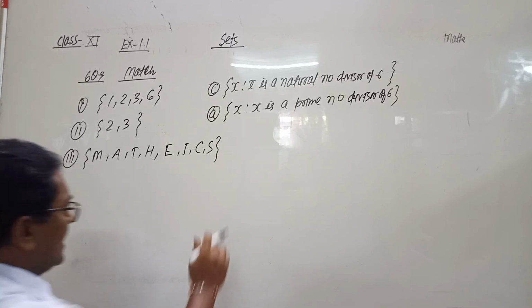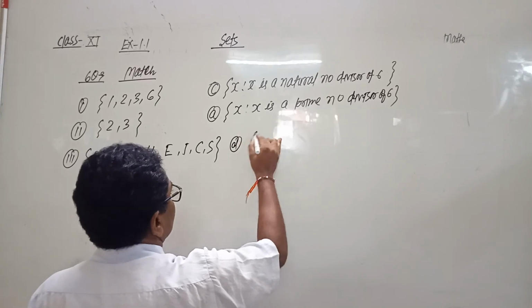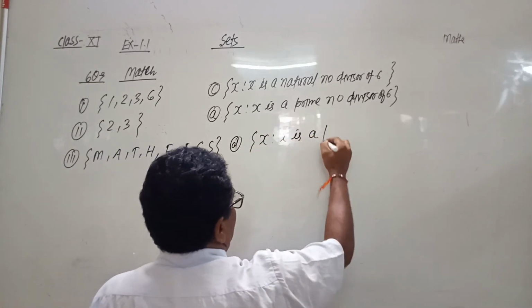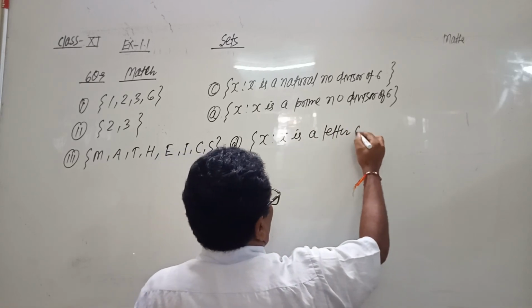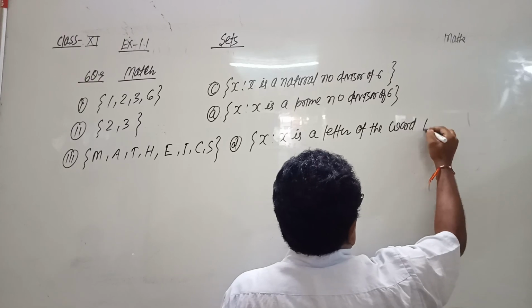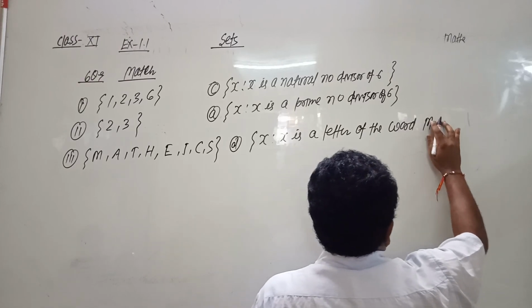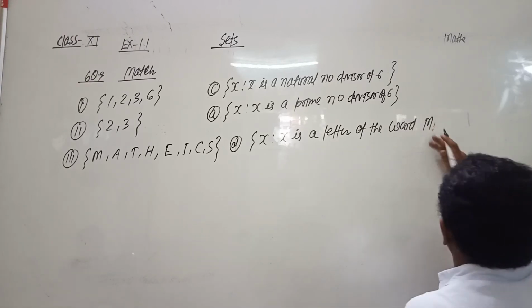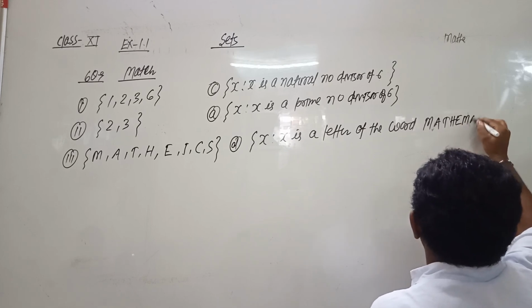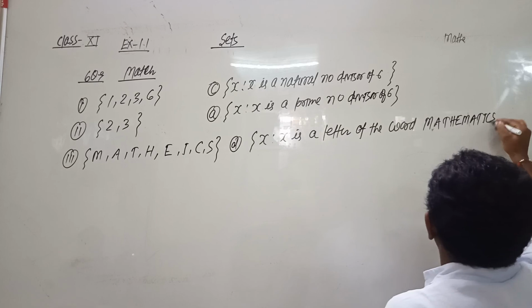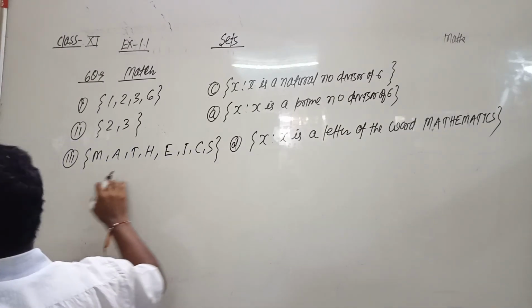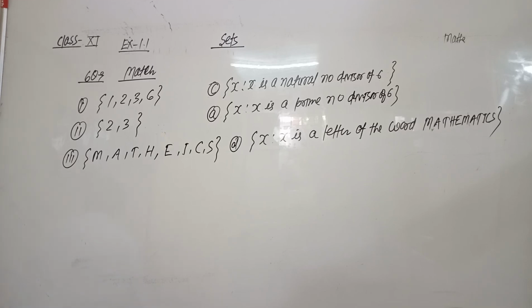D. X such that x is a letter of the word mathematics. So this is the roster form, this is the set builder form.